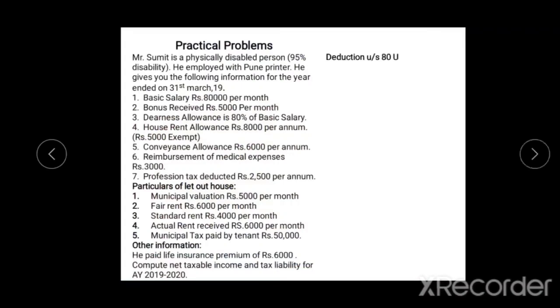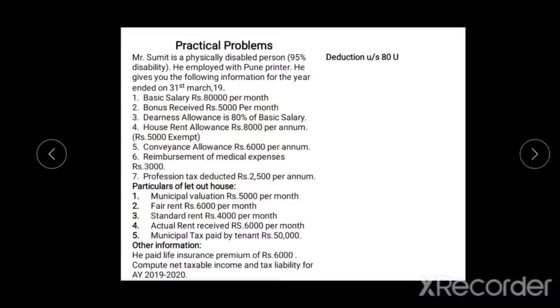As we start the sum, while reading the sum only, you have to write down whether the transaction will come in a deduction, or the transaction is taxable, or the transaction is exempt. This will help you to save your time. Okay students, let's move further. He is employed with a Pune printer.